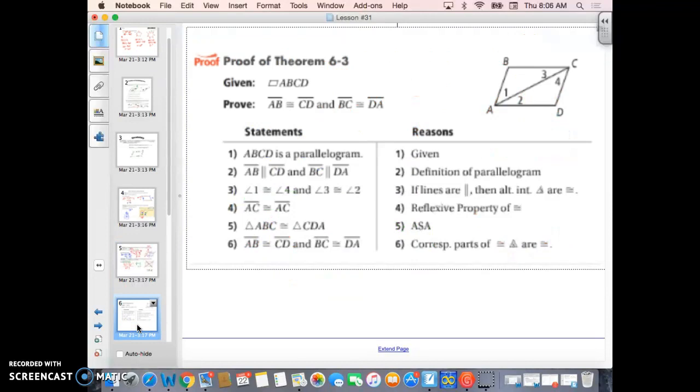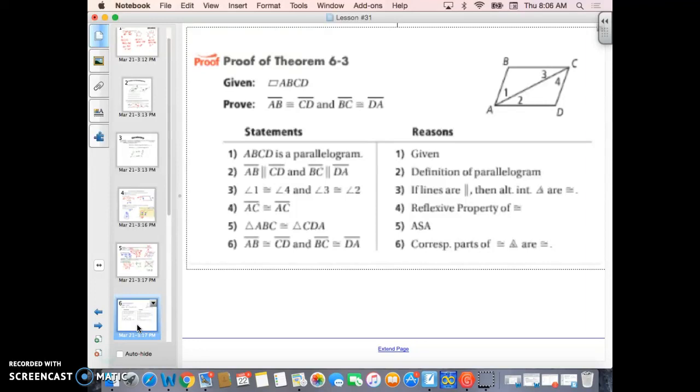All right, and everybody's favorite. Here's an example of what a proof would look like if you wanted to prove that AB is congruent to CD and BC is congruent to DA, making this a quadrilateral, and a special type of quadrilateral, a parallelogram, okay?